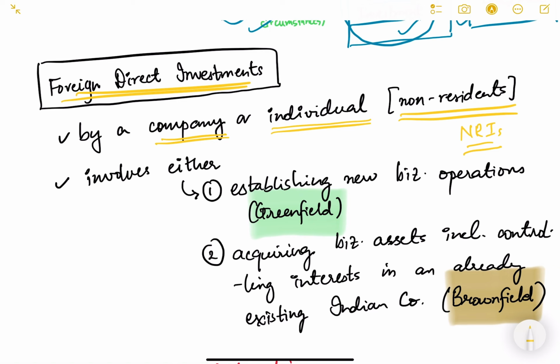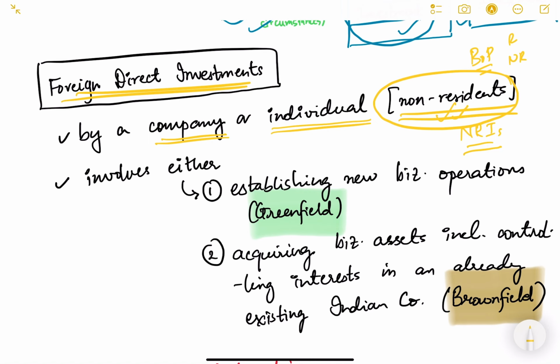So basically non-residents. As we have already seen, the balance of payment records the transactions between residents and non-residents, and not between citizens and non-citizens. So whenever non-residents invest in India, we call it a foreign direct investment.